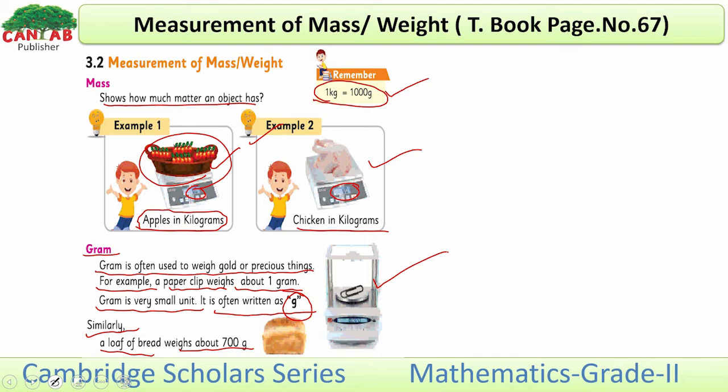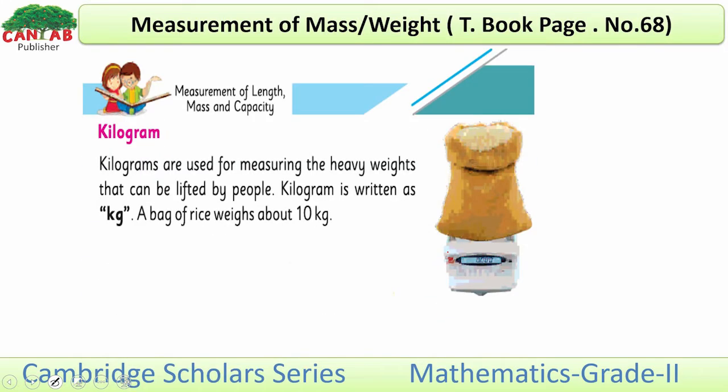Students, now come to the next page, page number 68. Kilogram. Kilogram is also a measuring unit like grams. Kilograms are used for measuring heavy weights. Like if you want to weigh yourself, you will use the unit kilograms. That can be the heavy weights that can be lifted by people.